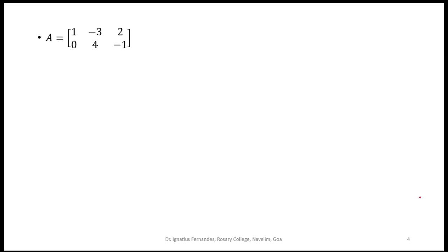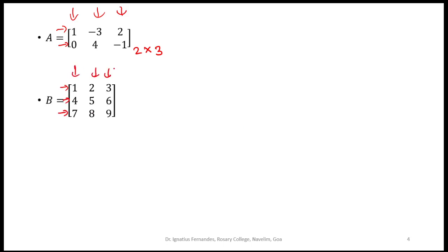Let's say for example, I have this matrix here. Now this matrix has 2 rows and 3 columns. So I would say the dimension of this matrix is 2 by 3. The same way, if I consider this matrix here, the same matrices that we considered earlier, this has 1, 2 and 3 rows and 1, 2 and 3 columns.